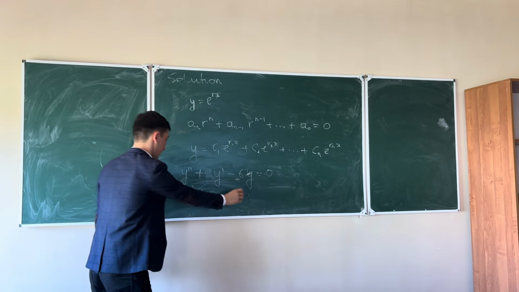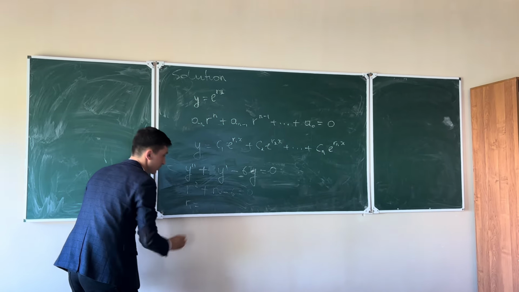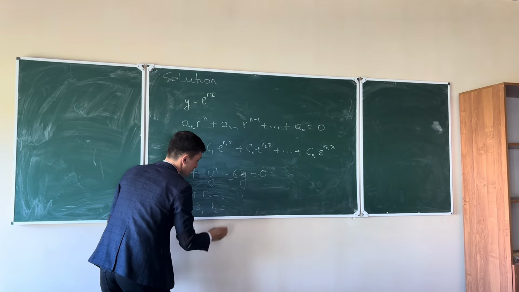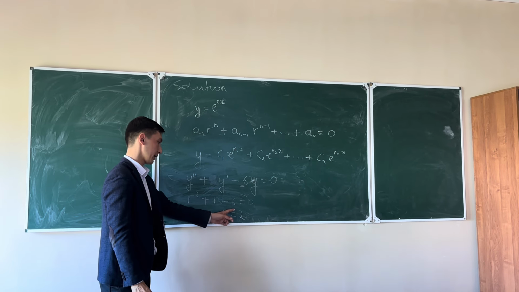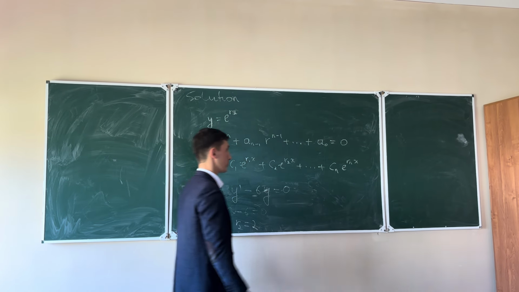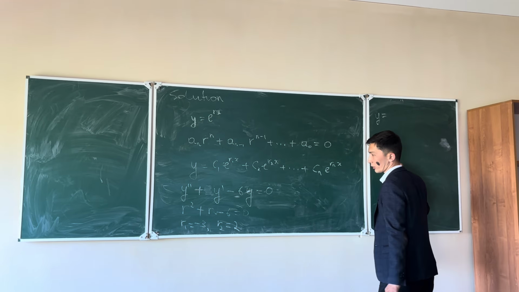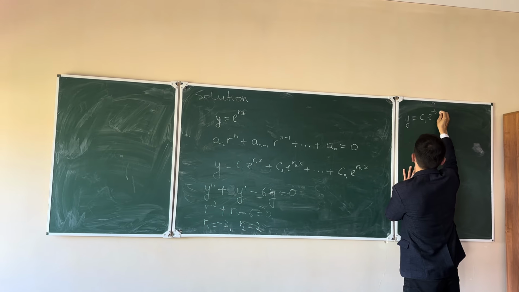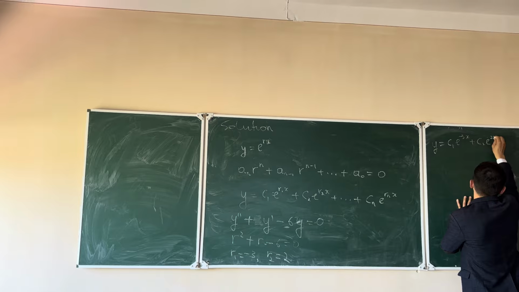And we have the characteristic roots, one of which is minus 3, and the second one is equal to 2. We can see the characteristic roots are different and they are real. So we can write the solution in the form y is equal to C1 e to the power of minus 3x plus C2 e to the power of 2x.